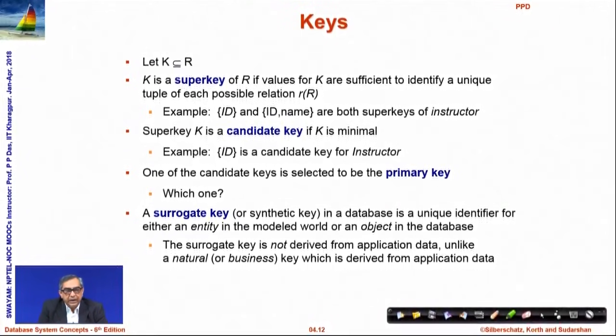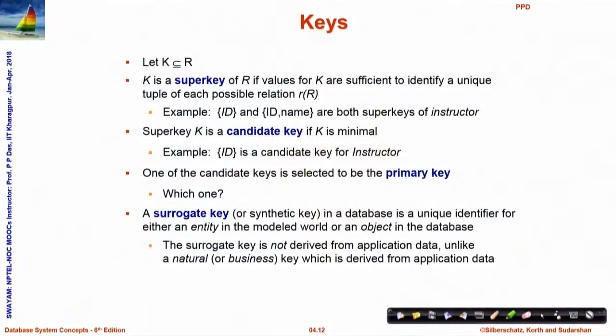That computer generated field value has no business implication, because the real world did not have this value. It is not like an Aadhaar card number or a passport number, but it is a value purely generated to identify every row uniquely. Such keys are known as surrogate keys or synthetic keys.